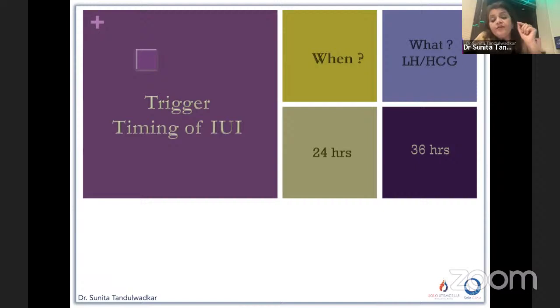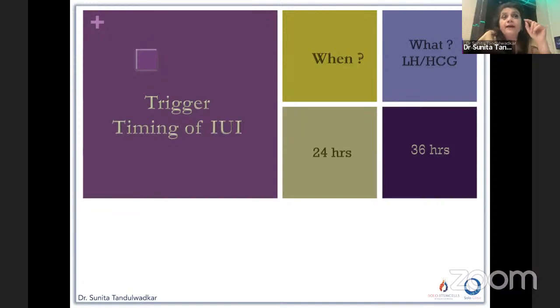Now, sometimes one tricky thing: one follicle may be 16, 17 mm, and the dominant leading one may be 19.5. That will rupture at 24 hours. The other follicle may rupture at 40, 44 hours, a little later, after it has grown. So what I do is, in spite of an IUI, I ask the patient to keep a relation once at night.